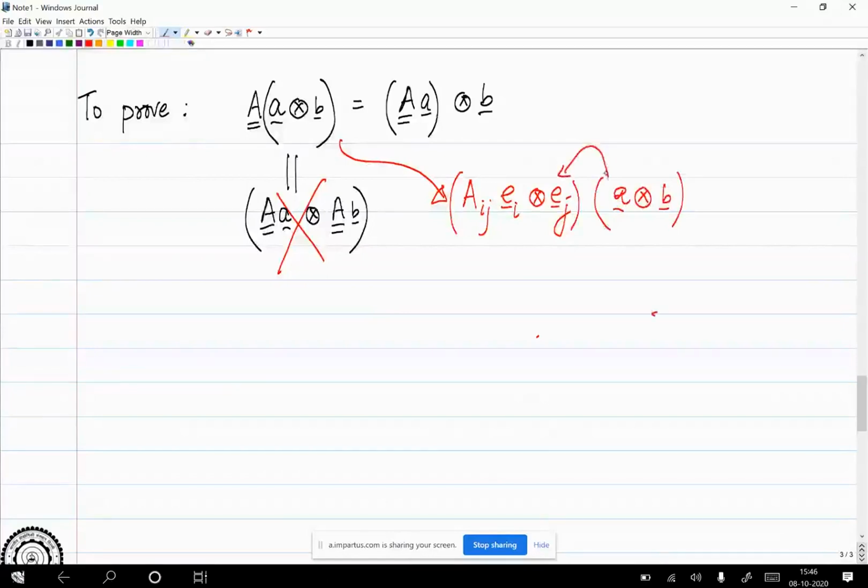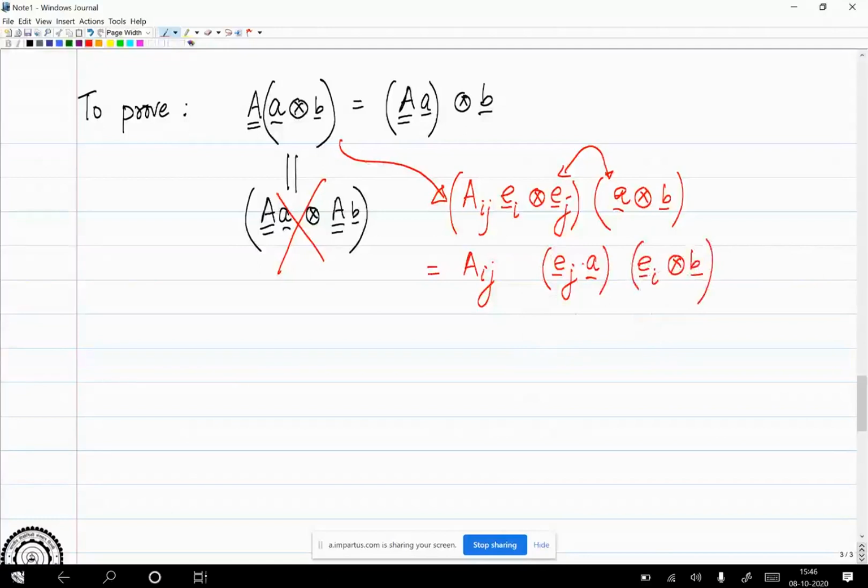The inner one gets dotted. So this becomes Aij Ei, Ej dot A, right? Okay, maybe I have to put this Ei afterwards. And then it is Ei tensor product B.